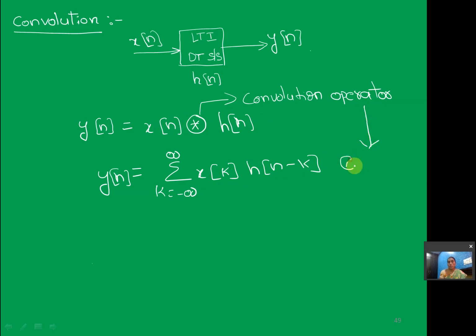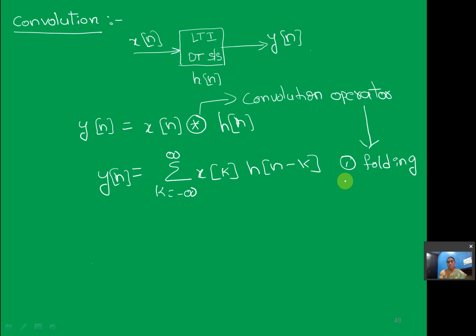The first one is folding. Two sequences are given, x of n and h of n. Firstly we replace the variable n with k, like x of k, h of k, and then we find h of minus k from h of k by using the folding operation.